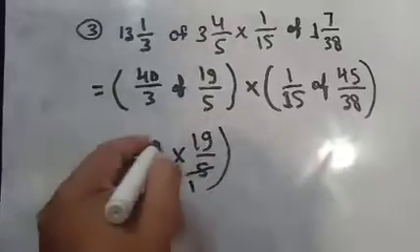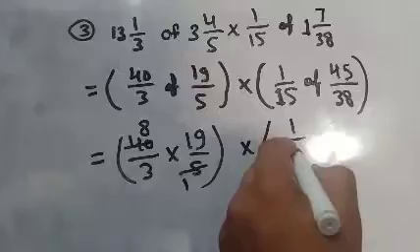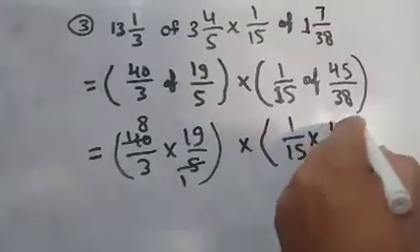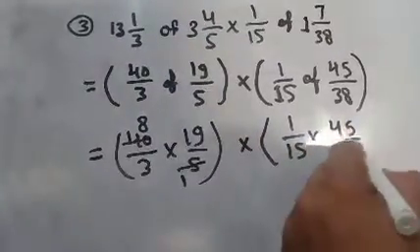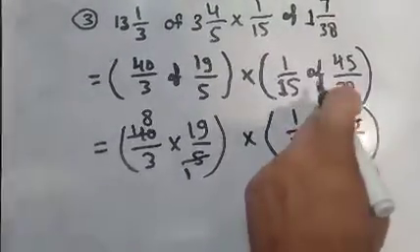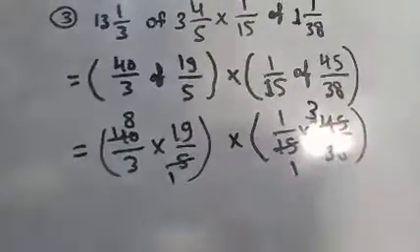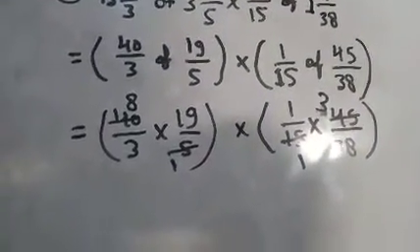5 ones are 5, 5 eights are 40, multiply 1 upon 15, multiply 45 upon 38. 45 ones are 45, 45 threes are... 15 ones are 15, 15 threes are 45.